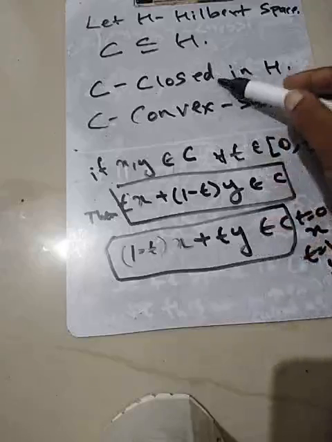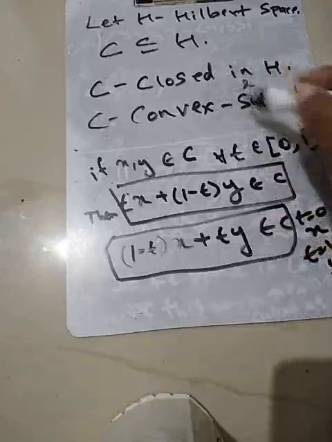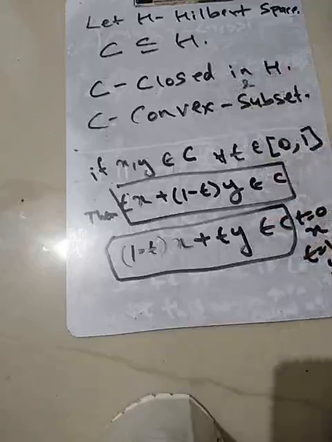So C is closed and it is also a convex set. The complement of C is open, and H is given to be a complete metric space. So C is a closed convex set.